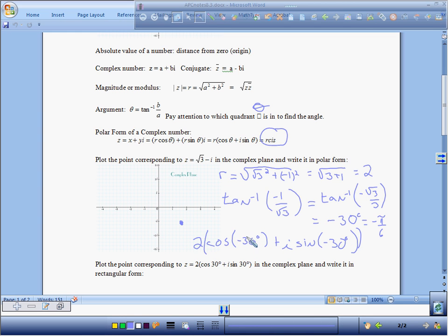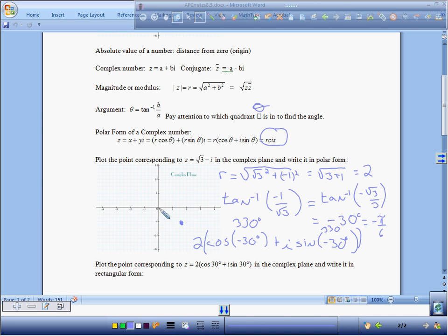Now, if I had used the angle 330 positive, that would give me exactly the same thing, right? And so I could have used 330 as well, because the cosine and the sine of that is the same. 330 will get you to the same spot.